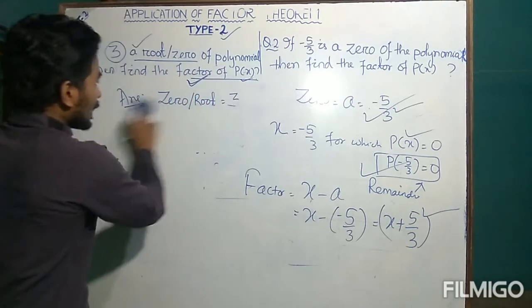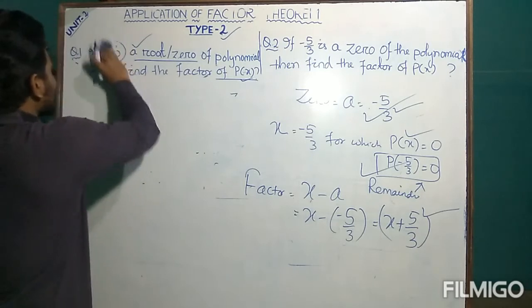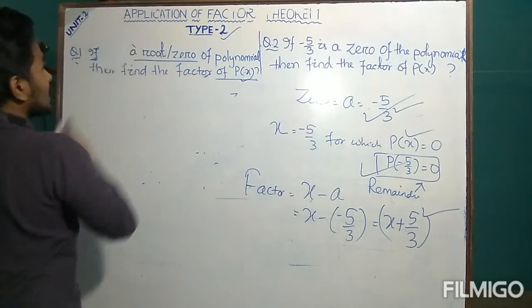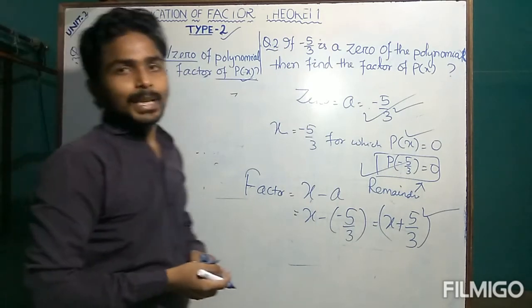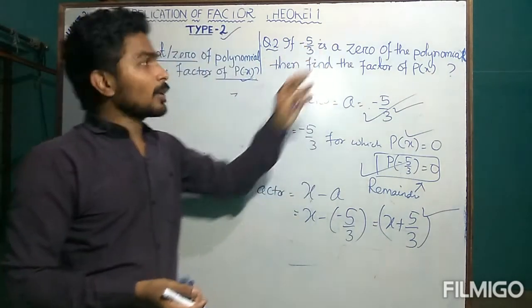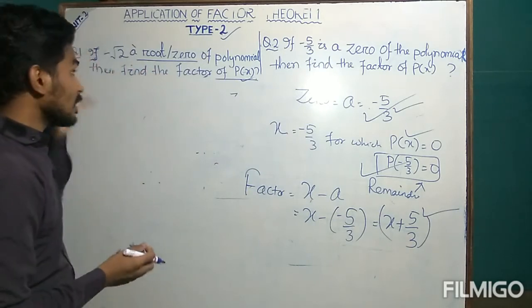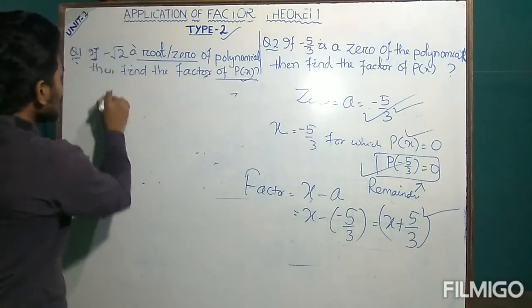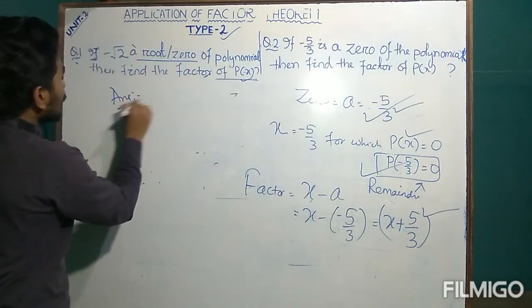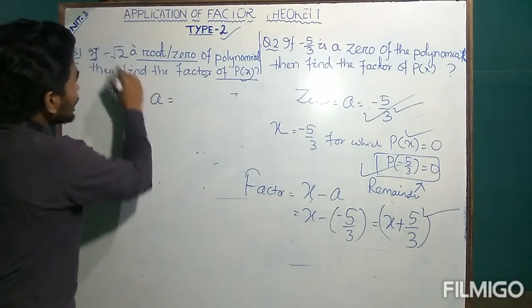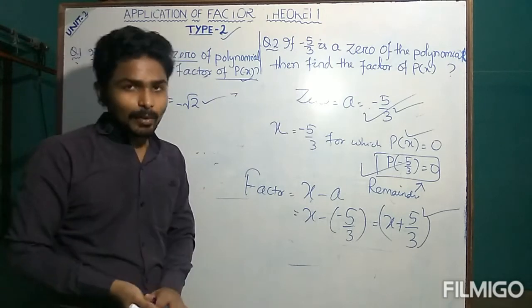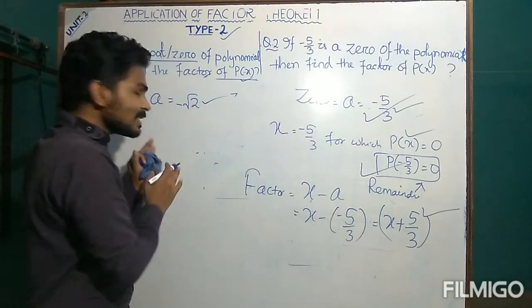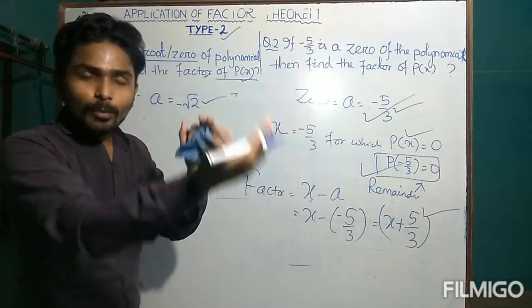Now suppose we have one more question. If minus root 2 is the zero of the polynomial, then find the factor of P of x. What is given? A is given, the root means a, and it means the value of the total polynomial is equal to 0.